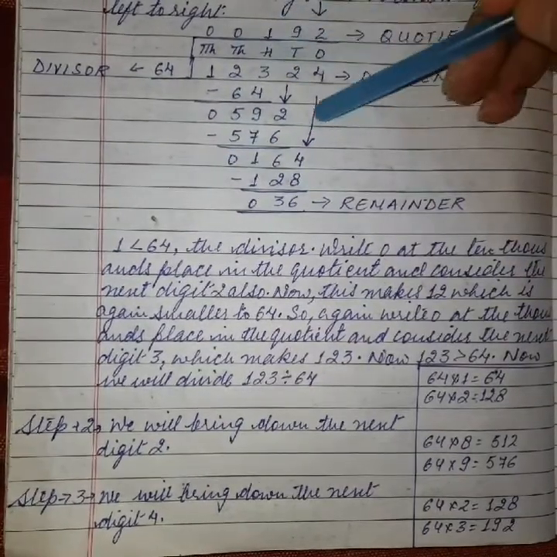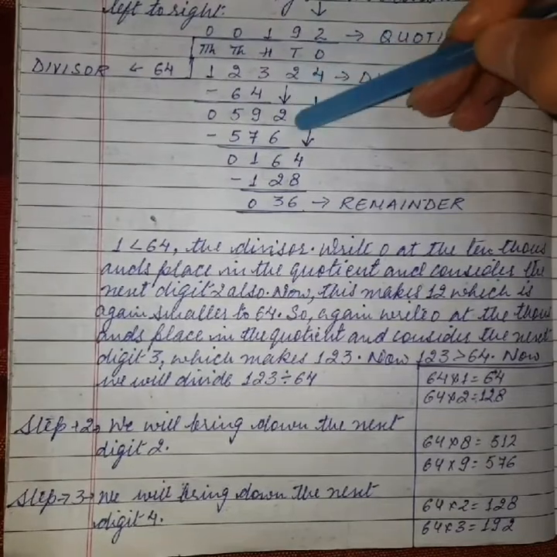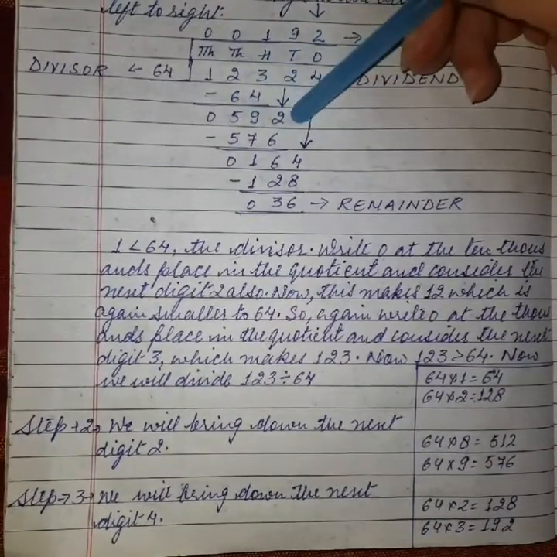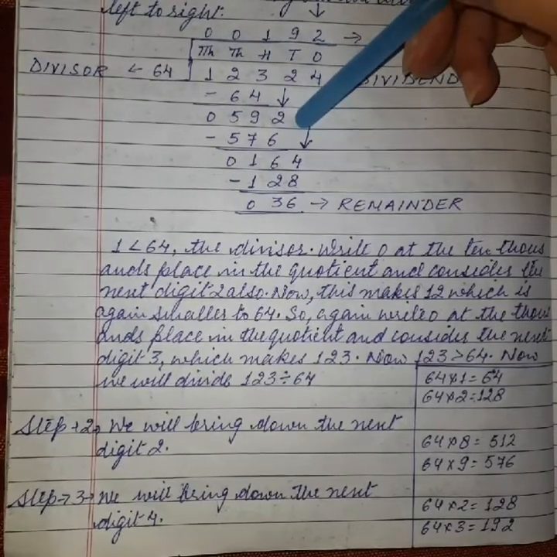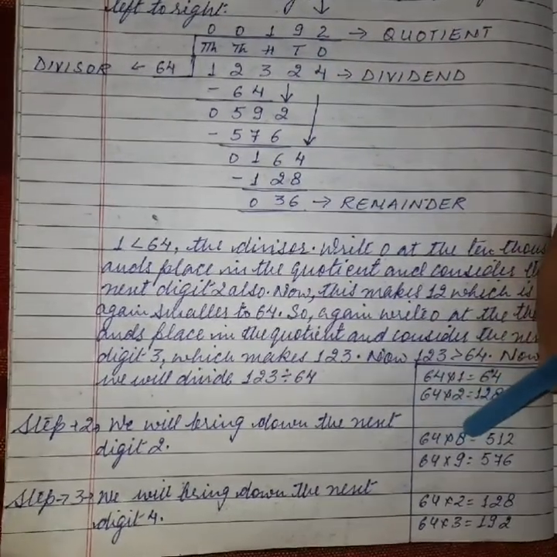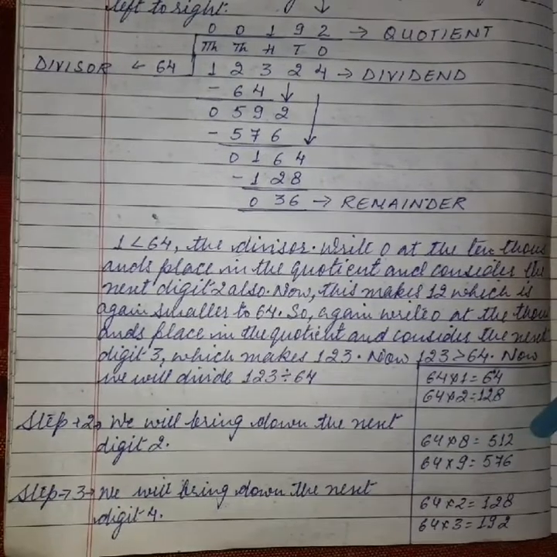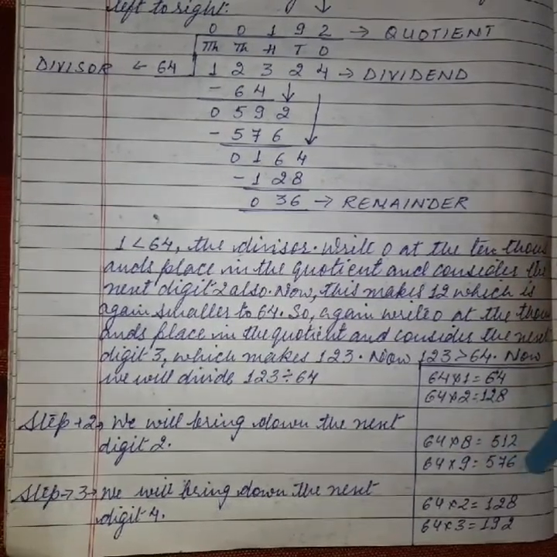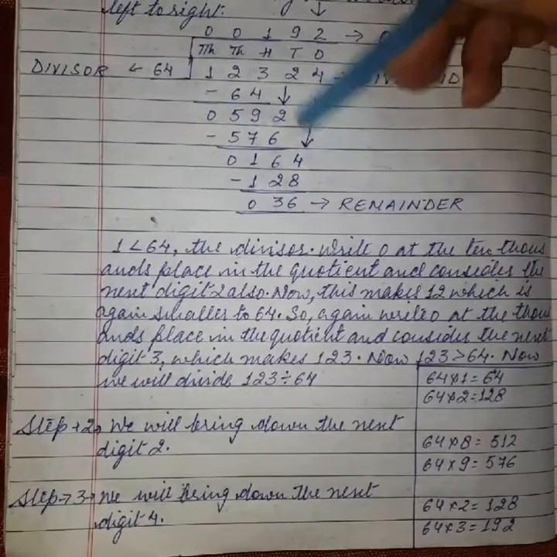Now the second step will be, we will bring down this 2 over here. This will make 592. Let's see now how many times it will go. 64 8s are 512. 64 9s are 576. So 576 is smaller than 592.